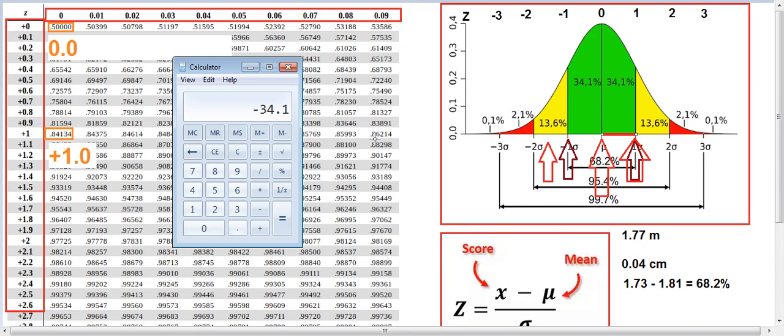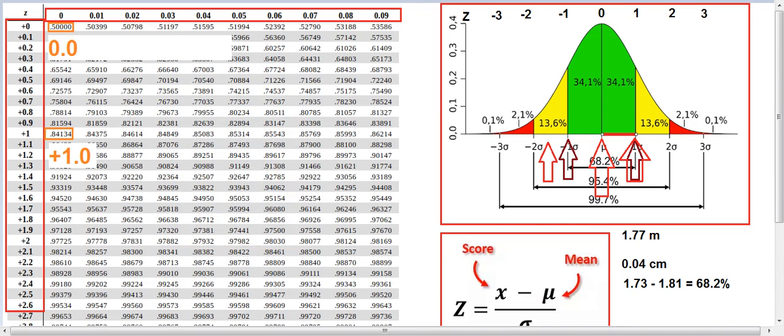So if we want to know, for example, the probability of finding one of the population that's between, let's say, 1.5 and 2.3, we have to go to the table and find these values.